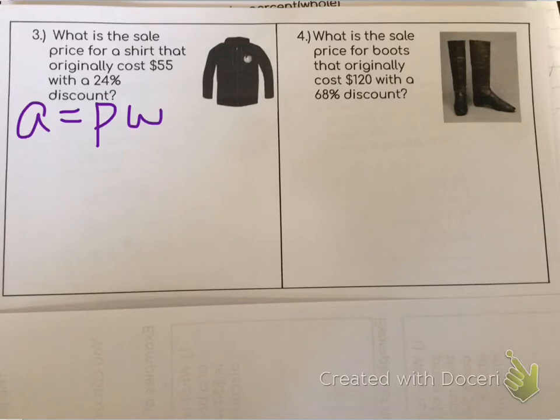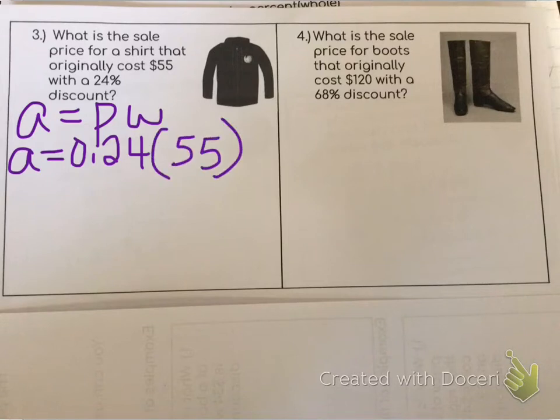I'm going to plug in my percent as a decimal, 24% written as 24 hundredths, and I'm going to multiply that times the whole price of the shirt, $55. Throw that into your calculator, 0.24 times 55, you get $13.20. That is your discount.